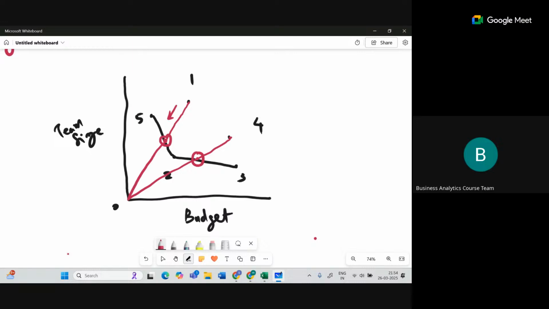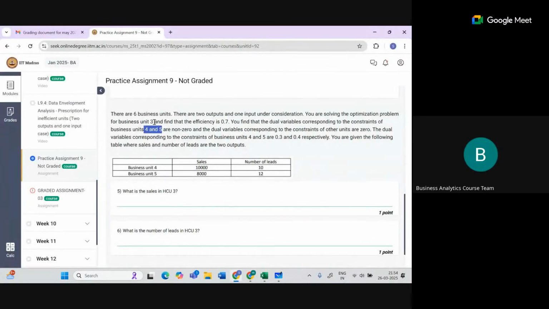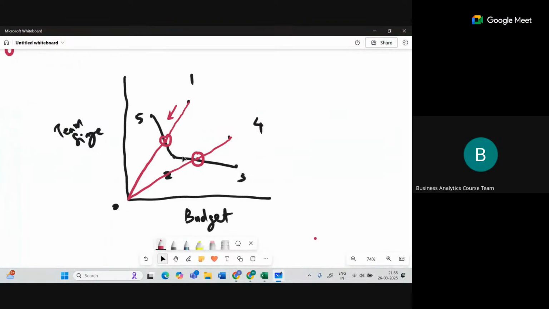Similarly, in this problem, we know that business unit 3 is not efficient. How will you make it efficient? By going to the frontier, the data envelopment. For that, 4 and 5 are reference units. For business unit 1 in this example, 2 and 5 are reference units.